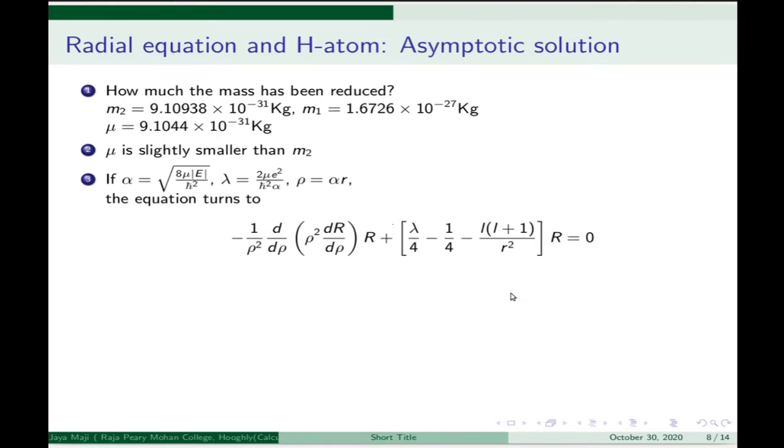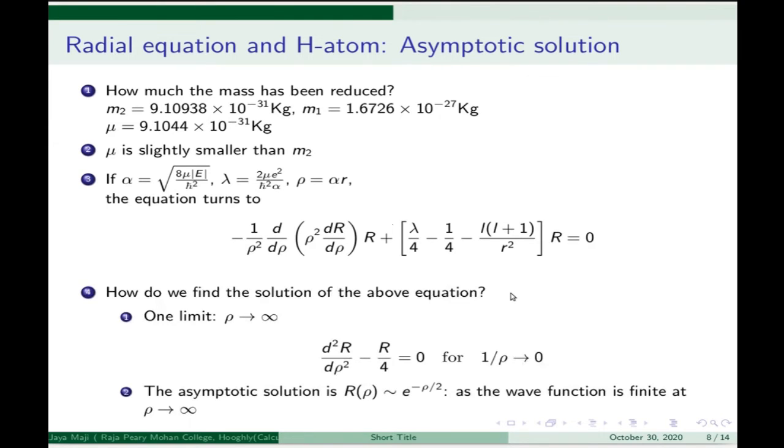In general, we always try to find the behavior of any wave function in the limits rho tends to infinity as well as rho tends to 0. So let us do that. If we take the limit rho tends to infinity, then this equation shrinks to this equation, which is d2 R by d rho square minus R by 4 equals 0, and the asymptotic solution of this equation would be R of rho, which is e to the power plus minus rho by 2.